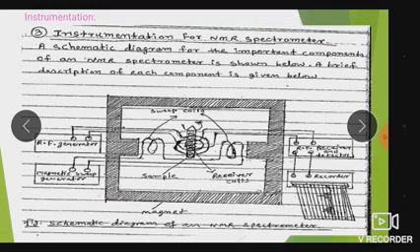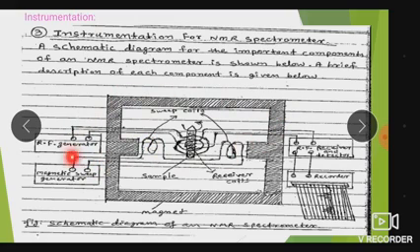For the instrumentation, the schematic diagram of the important components of an NMR spectrometer is shown in this figure.